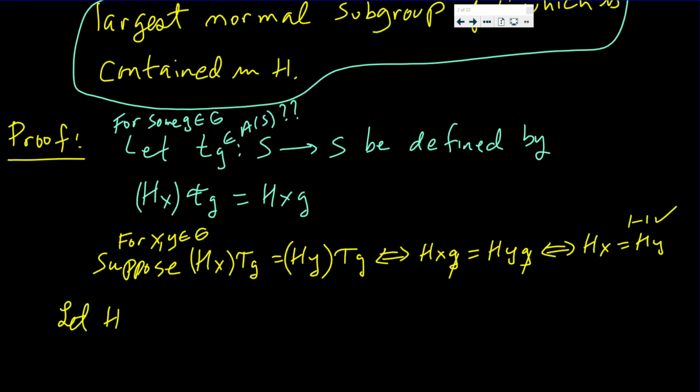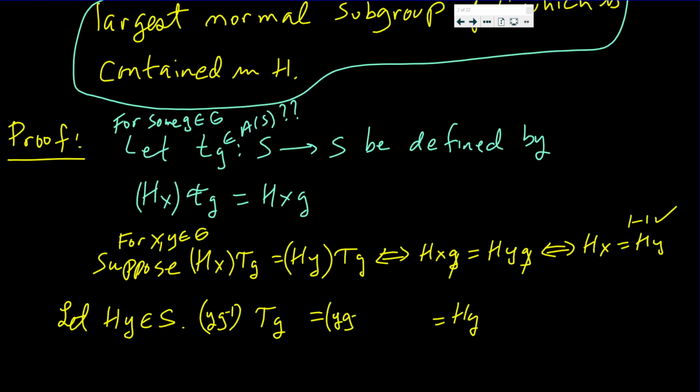Now let's do onto. Let Hy be in S, the set of all right cosets. So I want to find a right coset so that when tau sub g acts on it, I get back Hy. And all you have to do is put in Hyg inverse.